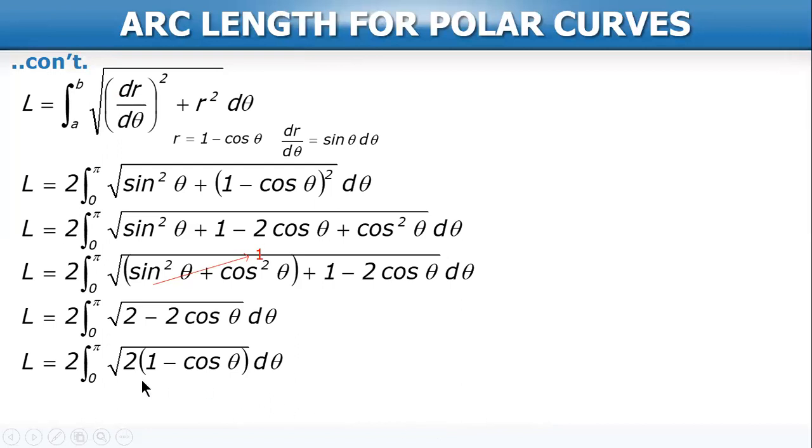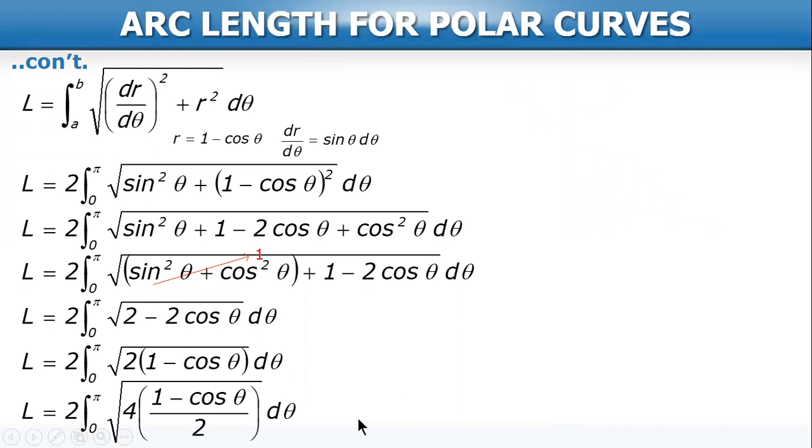Now, from here, this requires experience in order to integrate this one. So what we will do is modify this to fit some identities. The modification is this. From 2, we make it 4 and then 1 minus cosine over 2.